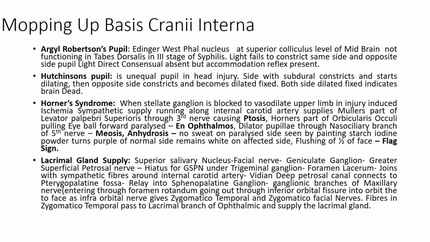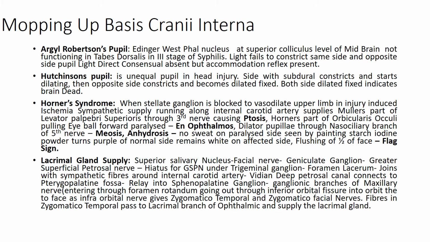If you paint a starch iodine powder on the forehead and then provide some heat to the face, then because of sweating, the normal side will turn purple, whereas the affected side will remain white.